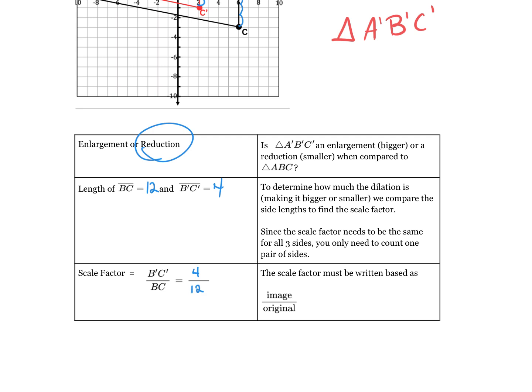And when we reduce our fraction, both 4 and 12 are divisible by 4. So this is a reduction or a scale factor of 1/3. My red triangle is 1/3 smaller than my original triangle.